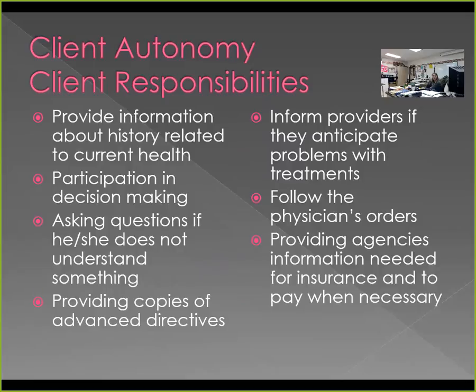Provide information about history related to current health. Hey, if I go to the doctor's office and I don't tell them that I'm allergic to penicillin, and then they prescribe me some medicine that has penicillin in it, or a derivative of penicillin, and I take it and go into anaphylactic shock, I can't really be upset with them if I didn't tell them I was allergic to it.